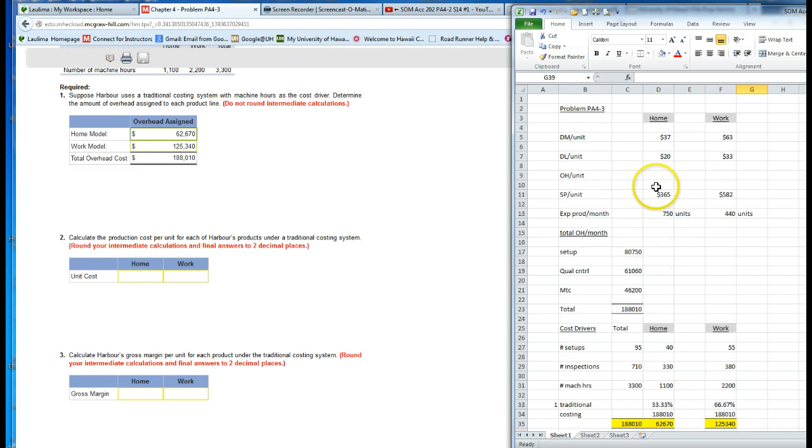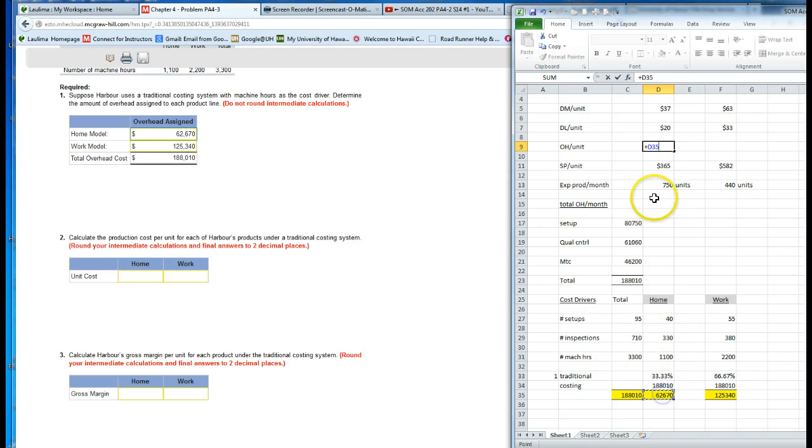So we would take the total allocated overhead and divide by the estimated total production for each of the two products. And I think we can just copy that formula over.